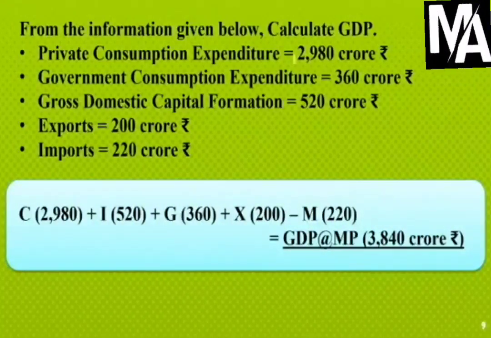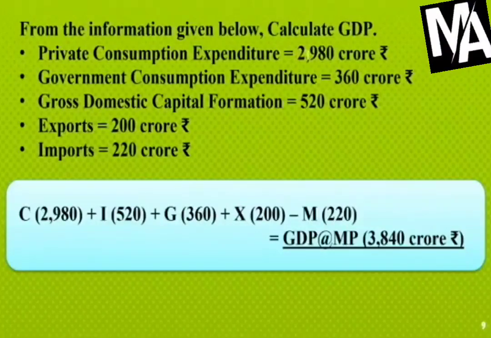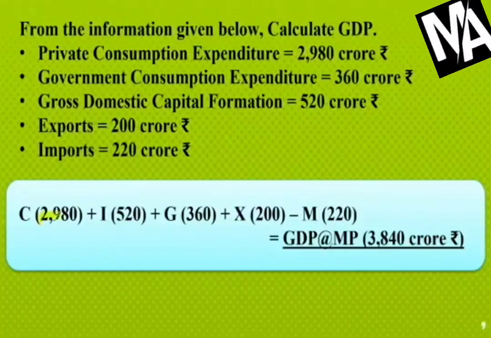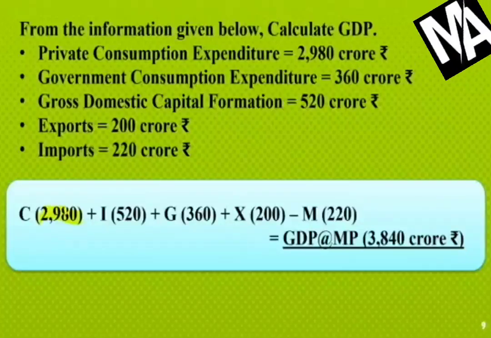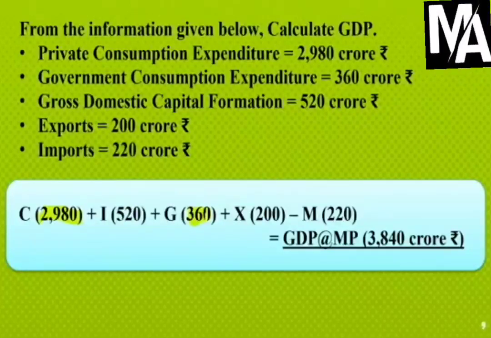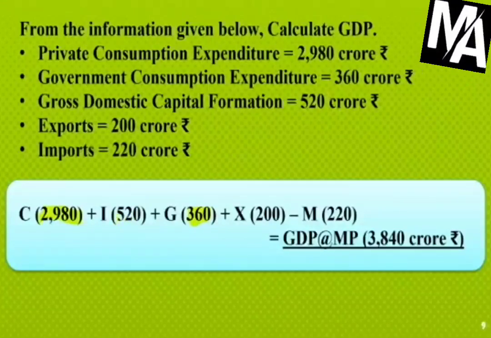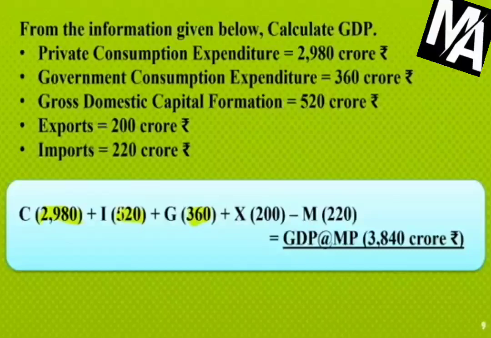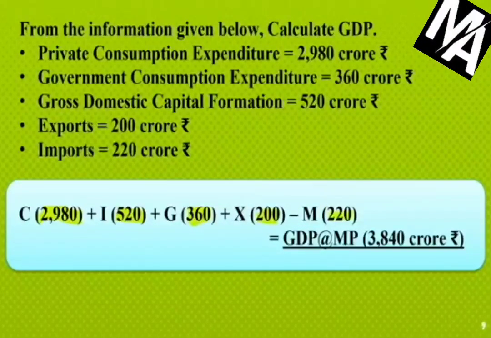The first one is private consumption expenditure, which will be capital letter C, that is 2,980 crore rupees. That will be here. Then we have government consumption expenditure, that is 360 crore, that will be coming here. Then we have the gross domestic capital formation. Once again, as I told you, it's a fancy term for I, and so that is here. Then we have exports at 200 crores and imports at 220 crores.